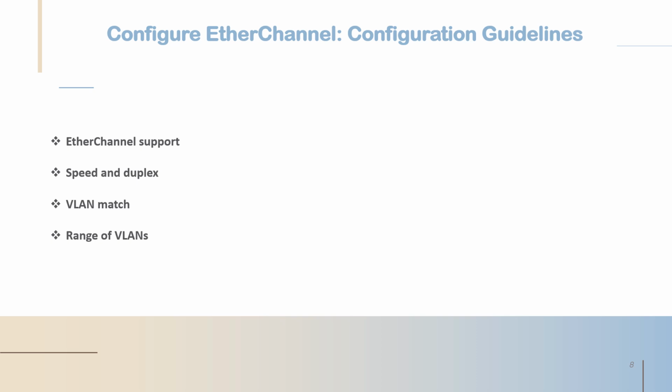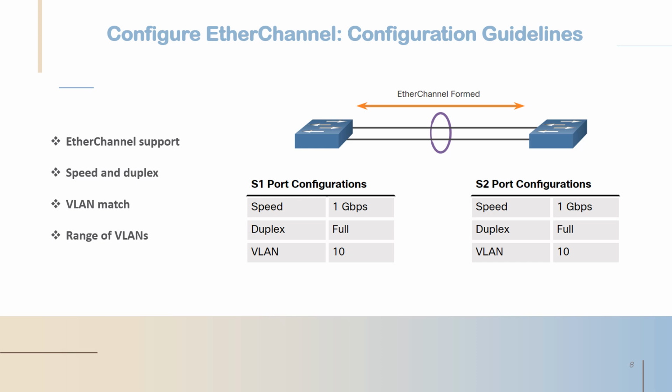We have speed and duplex, which means configuring all interfaces in EtherChannels to operate at the same speed and in the same duplex mode. About the VLAN match, it means that all interfaces in an EtherChannel bundle must be assigned to the same VLAN or be configured as a trunk, as is shown here in this figure.